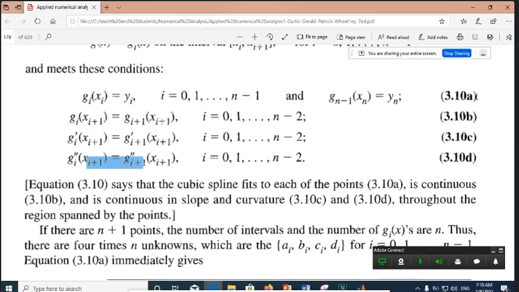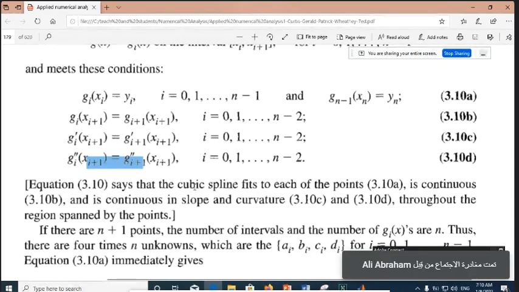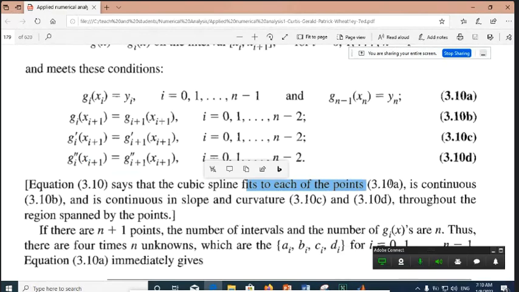Equation 3.10 says that the cubic spline fits each of the points. 3.10a is continuous, and it is continuous in slope and curvature, 3.10c and 3.10b.